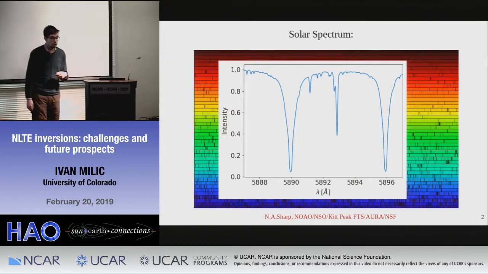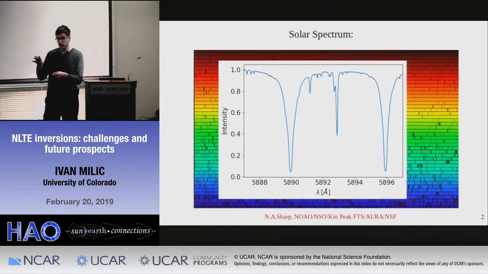So what we usually see in the lines that are formed in the lower layers of the solar atmosphere is that no matter how strong the line is, it never goes too deep, because it cannot go too deep. Because contrary to what we are naively taught as undergrads, that lines are simply formed by absorption, there is also emission in spectral lines.